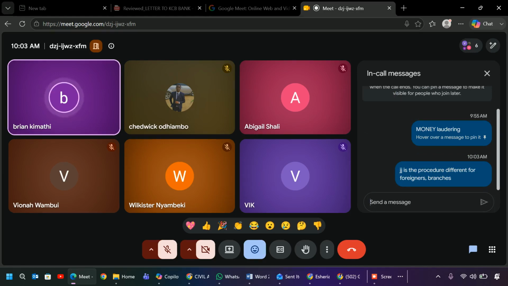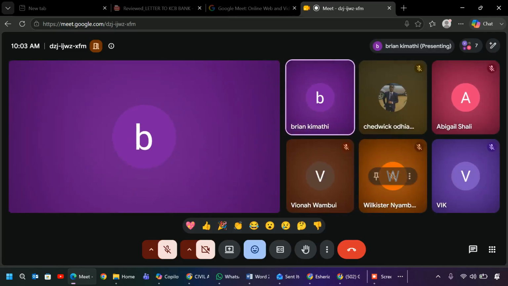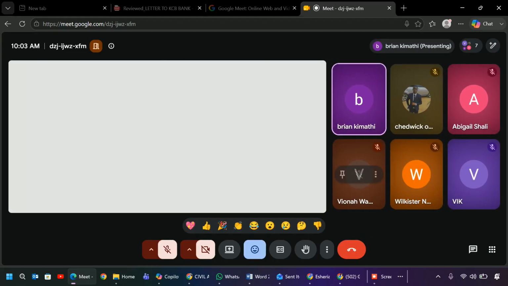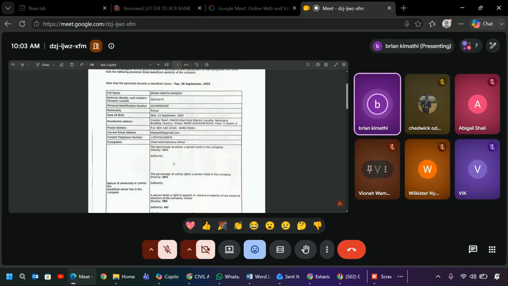I was presenting a screen here. Let me go back. So beneficial ownership collects the same information, addresses and such.